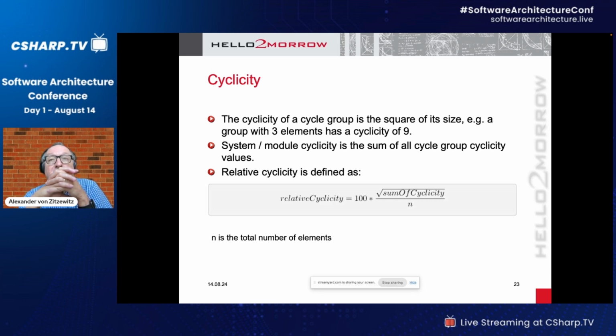Although in both cases, 100% of all source files are involved in some kind of cycle, in the first case, it was a much bigger cycle. Basically, this metric tells us how bad it is. So if you have lots of smaller cycles, that's always better than having one big cycle. And that can be measured very nicely with relative cyclicity. That's why this metric is useful.